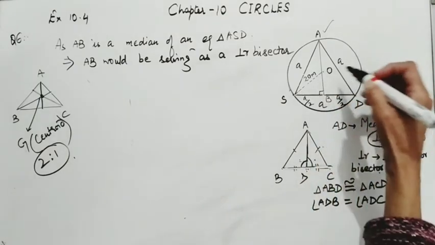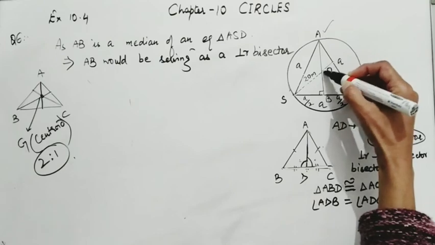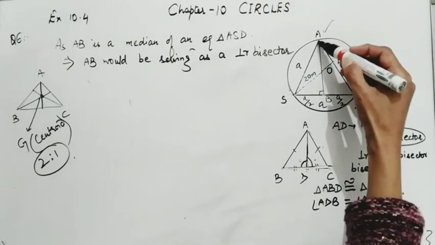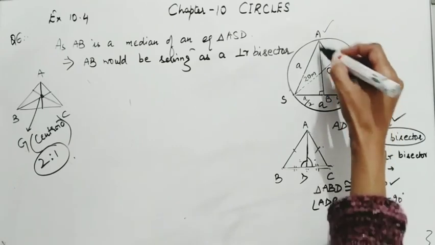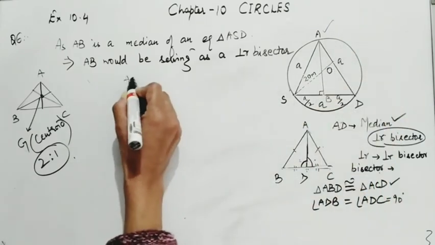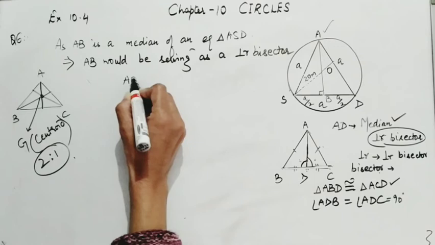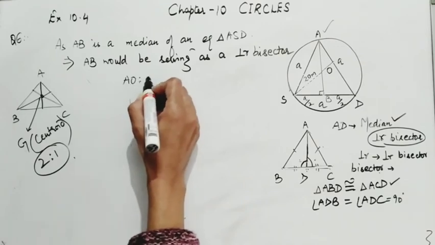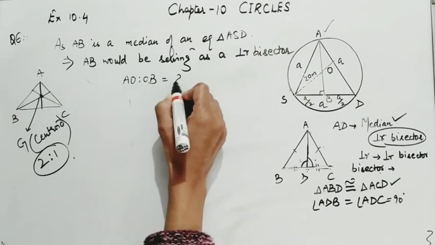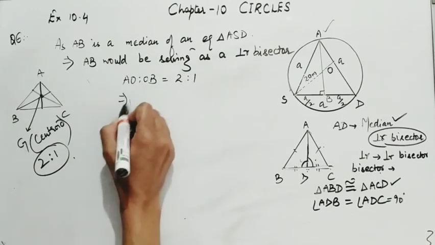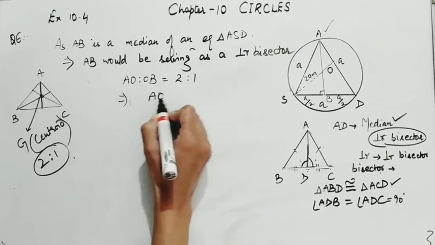So this means if SO is produced, let me produce it. If SO is produced, AO is already produced to meet point B. This means AO to OB must be 2:1. Now, do we know the length of AO?